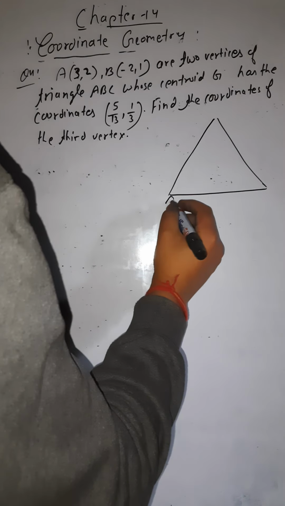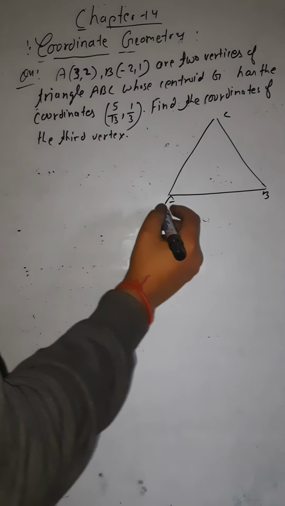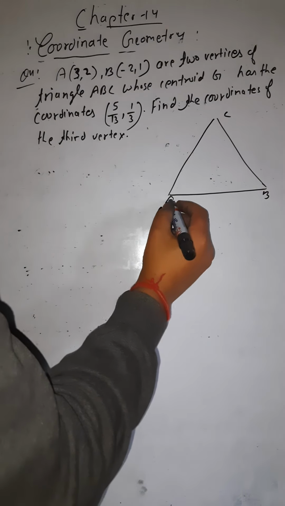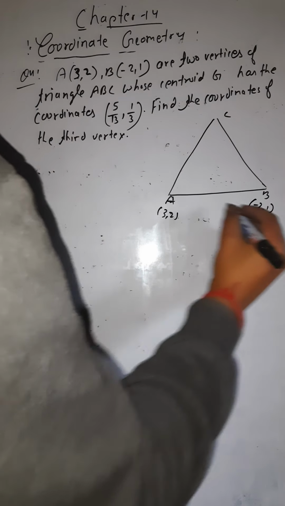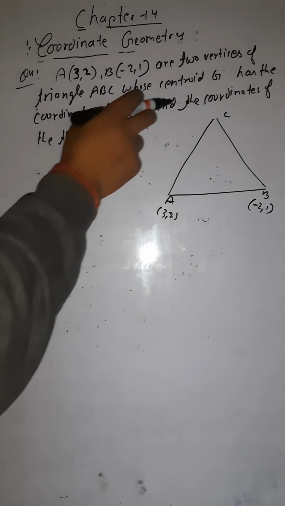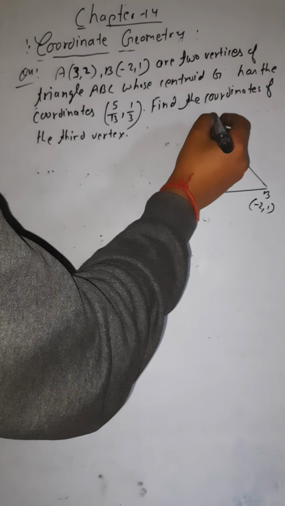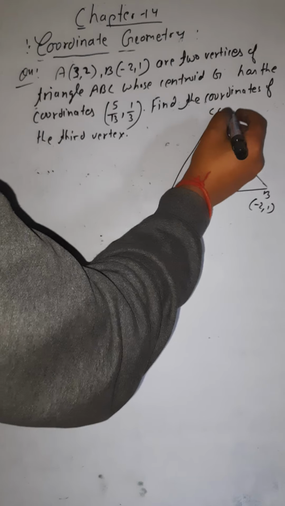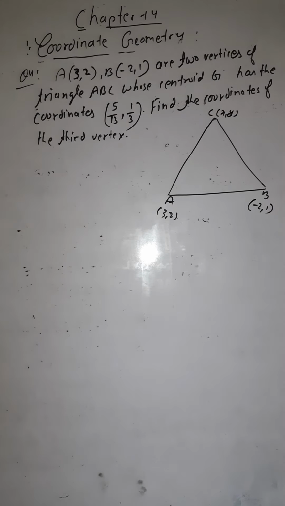Let's say this is the triangle ABC. Coordinates of A are 3, 2. Coordinates of B are minus 2, 1. You have to find the coordinates of the third vertex. Let's say the coordinates of the third vertex are x, y.